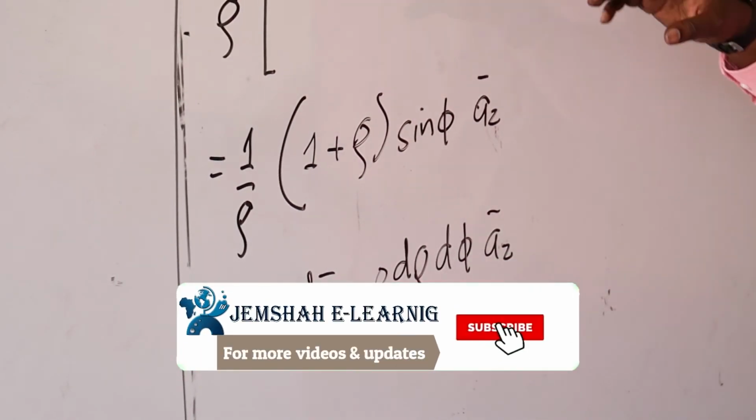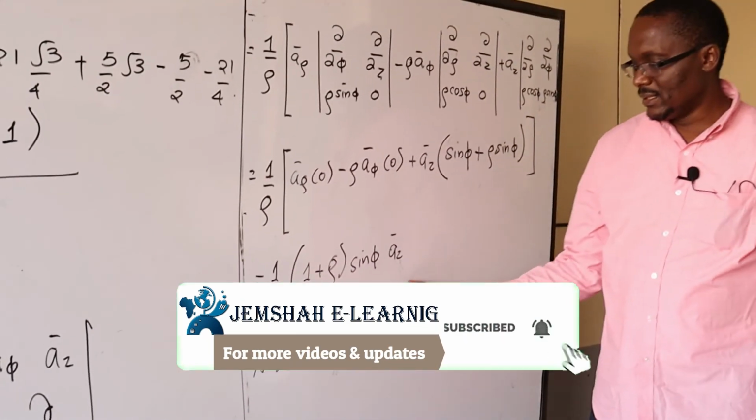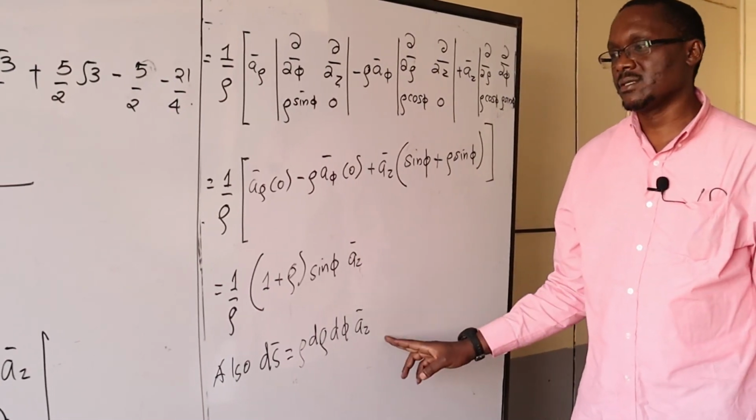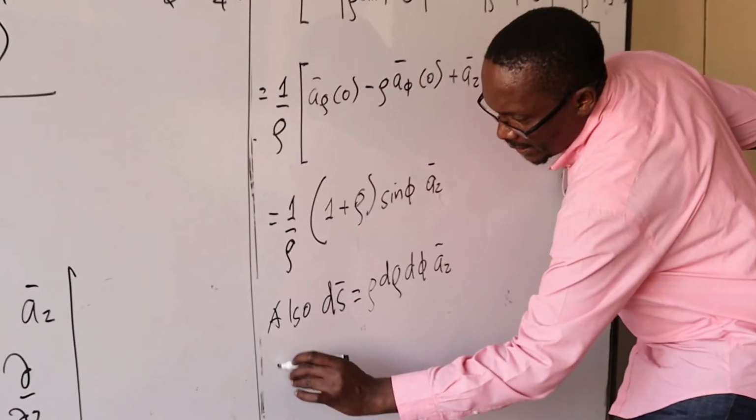This one is found from our differential surfaces that we did previously. It is the same as that. So now we want to dot this to this.